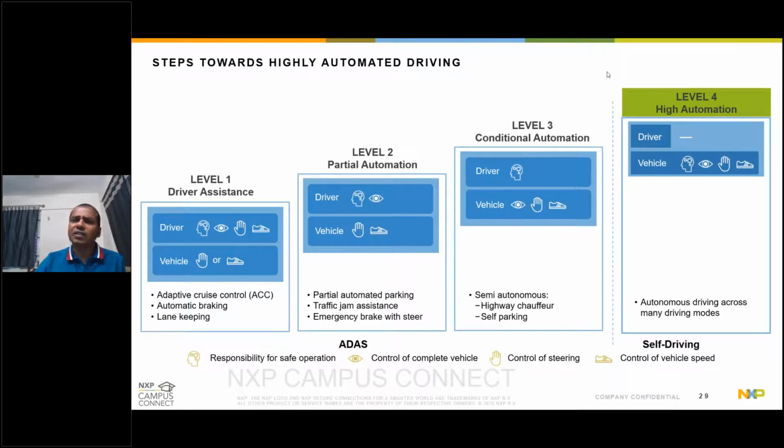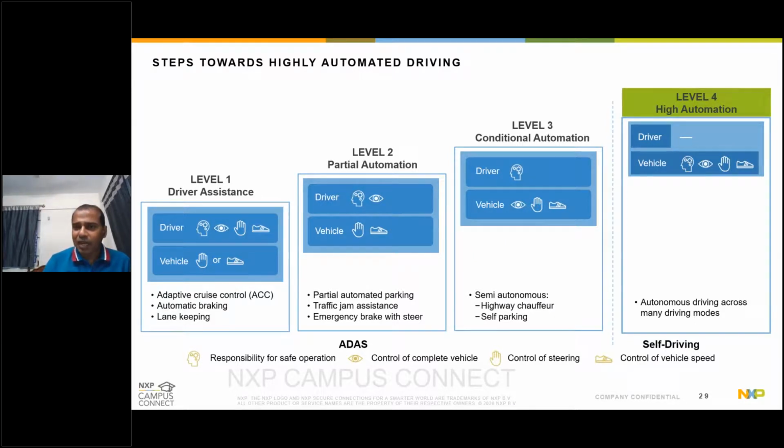So all this is feasible with the technologies currently available. The level of integration into automotive chips, like radio frequency, analog, digital, and digital signal processing, integrated into a single chip, made all this feasible.